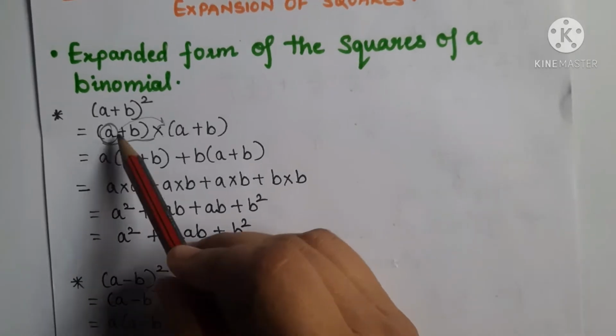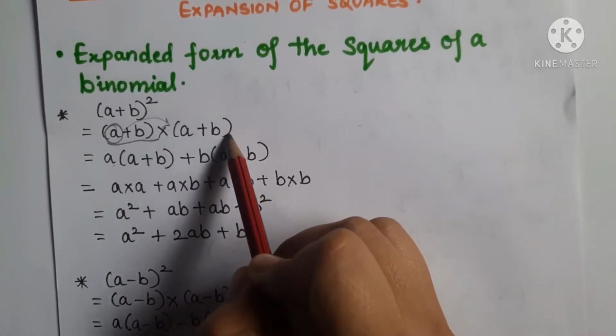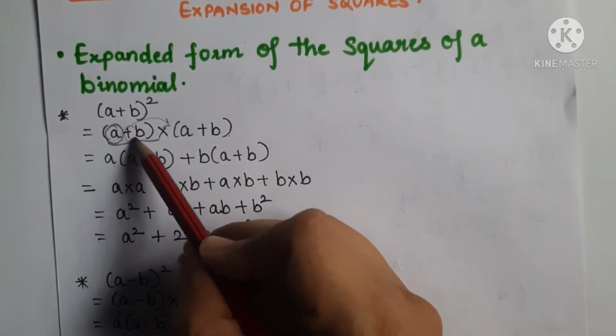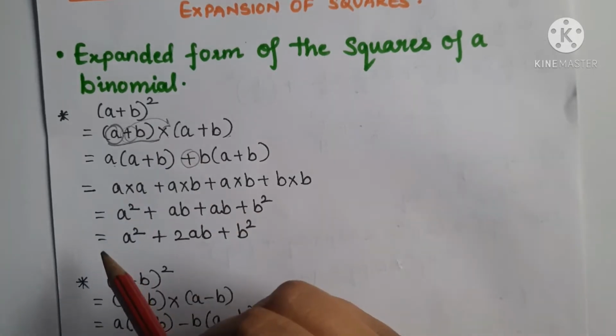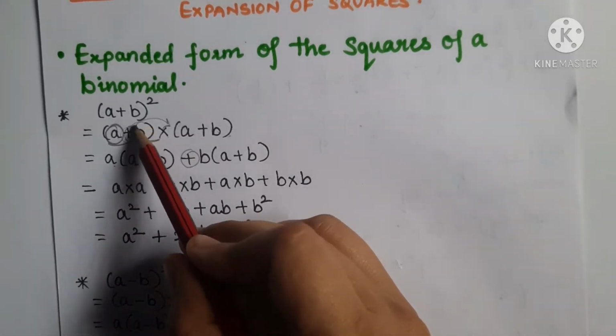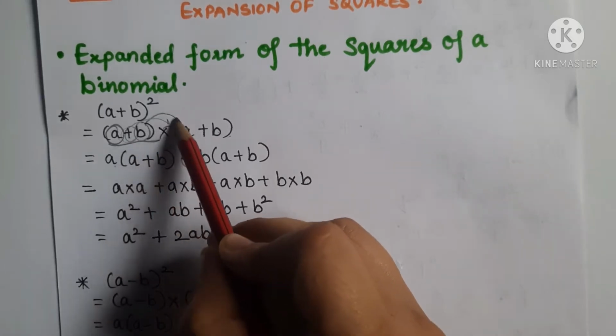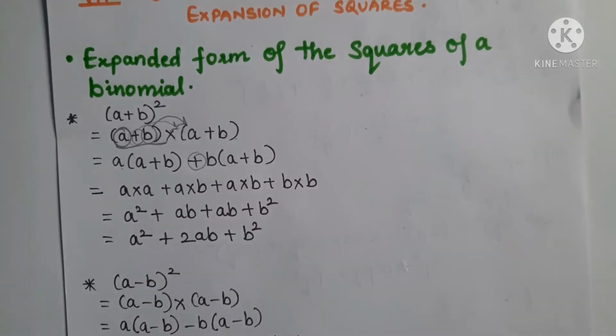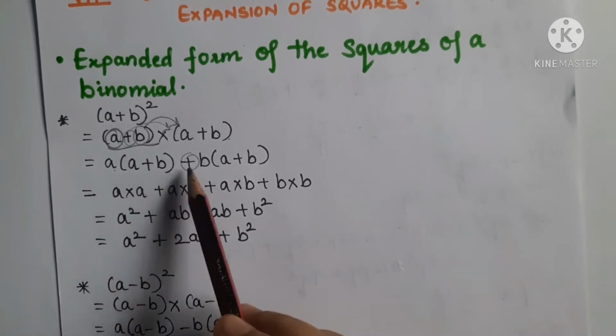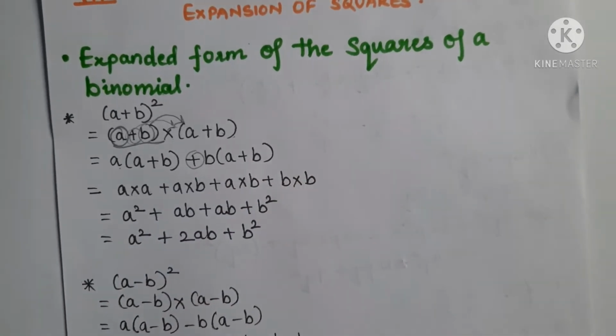So a into (a + b). Now next, which is the sign? Plus. So put a plus sign and take the next element after the plus sign, which is b. Again this b I multiply by (a + b).